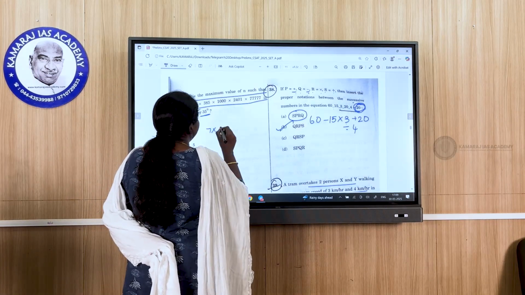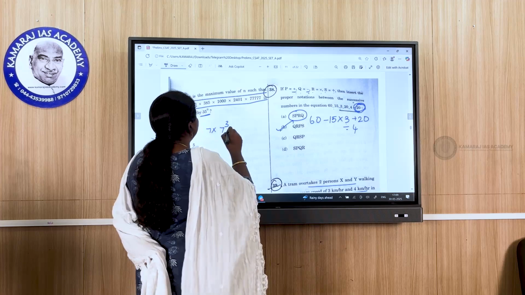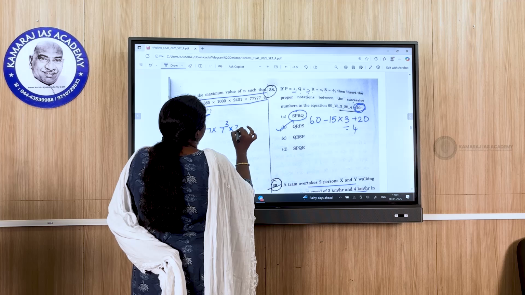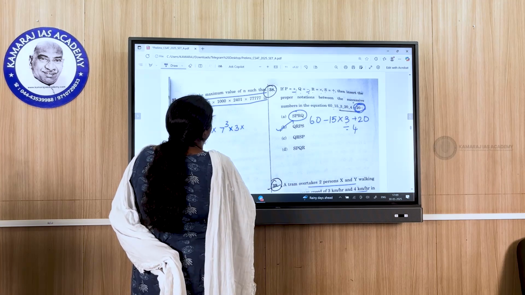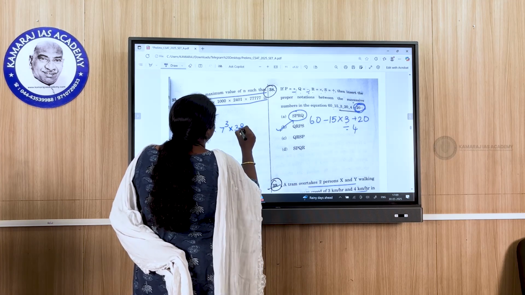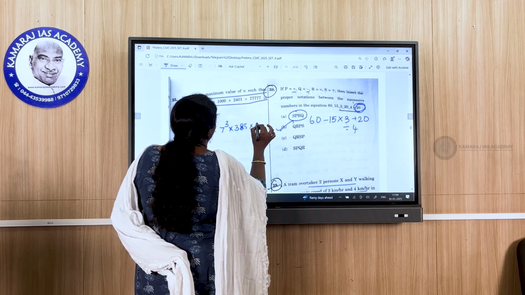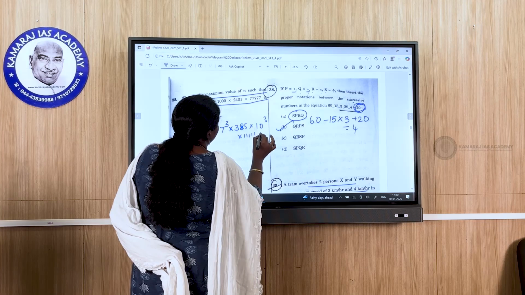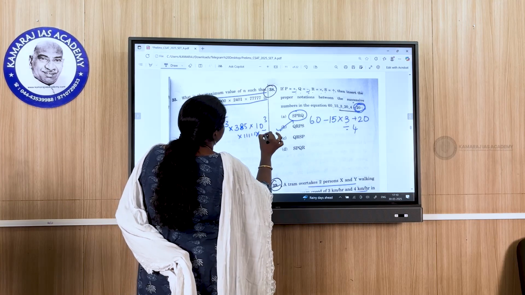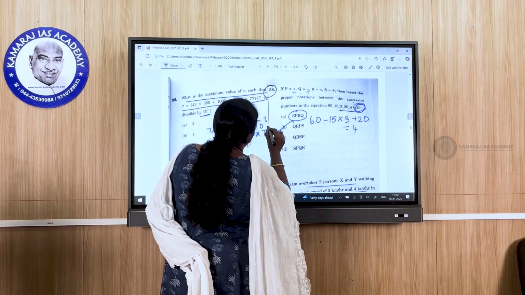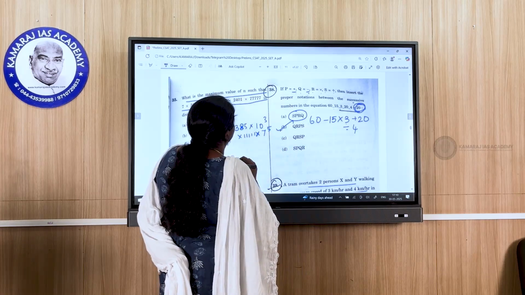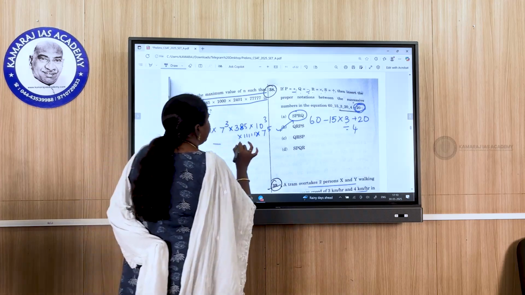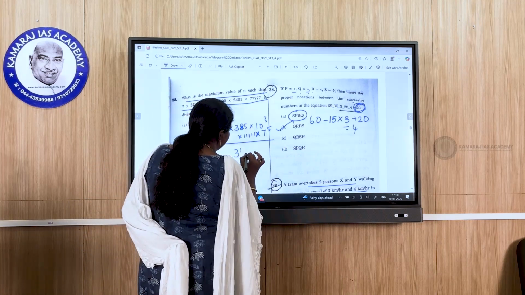So 7 into 343 is again 7 cube, and 385. So 385, again I am getting 1000, this is again 10 power 3. 111, again I am having 7, 5 times I can get 7 into 7 into 7 into 7, and I can divide it by 35 power n.